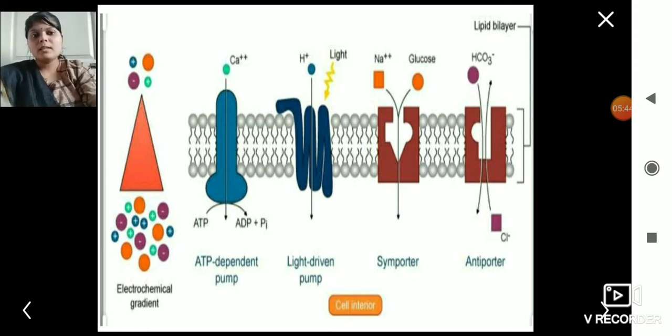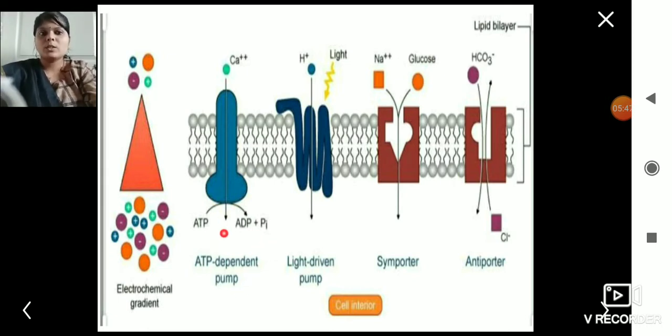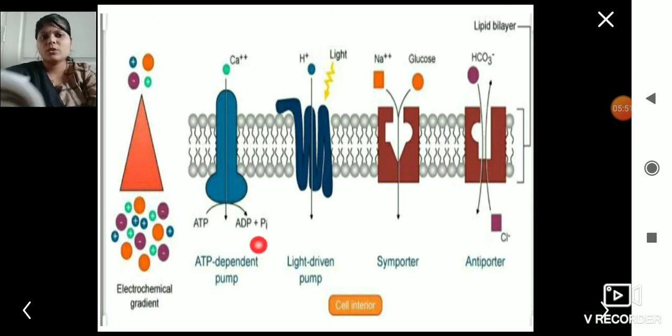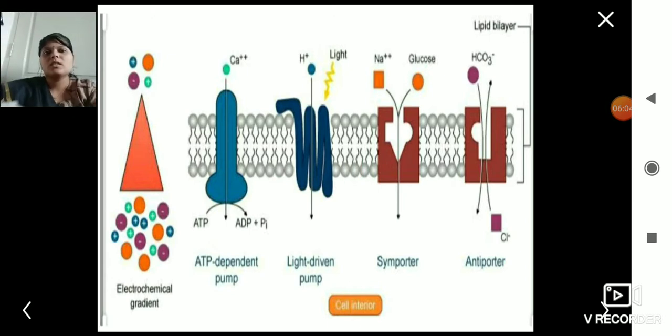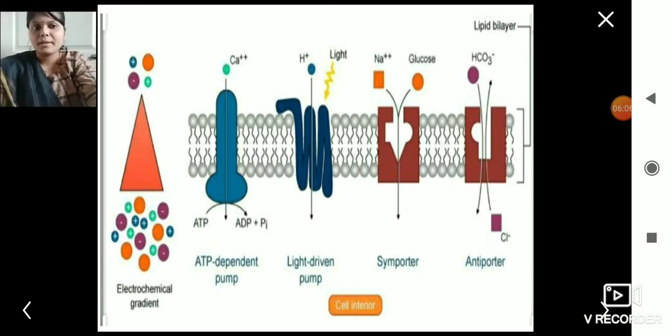Hence it has the ATP dependent pump here, with the calcium ions which it is letting inside. Once the calcium ions are coming inside, the ionic potential is going to increase, isn't it? This is another light driven pump through which the hydrogen ions are entering inside.